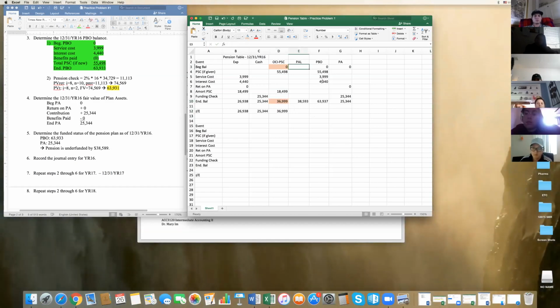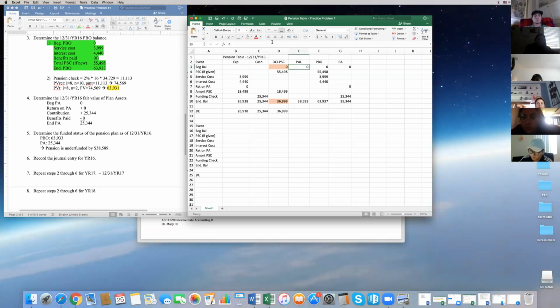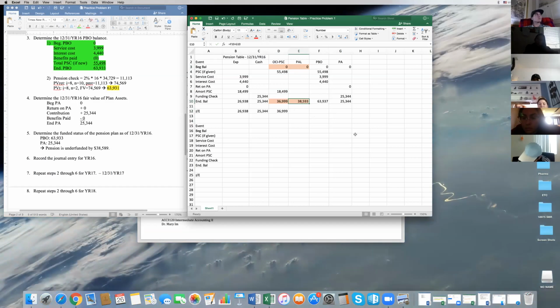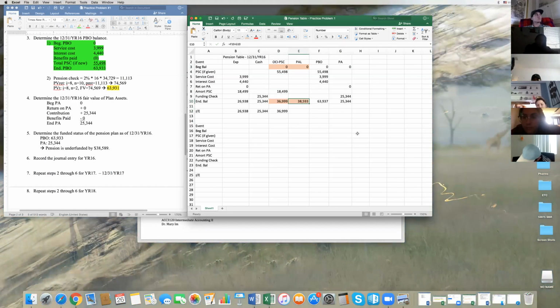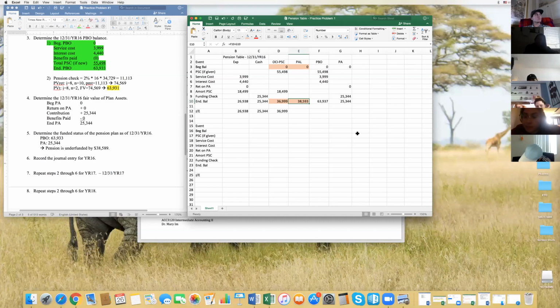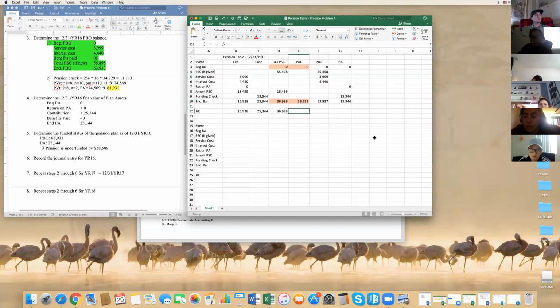Plan asset or liability, it started with 0, and the change here is from 0 to 38,593. And is it a debit or credit balance? As we discussed, it's a credit balance.